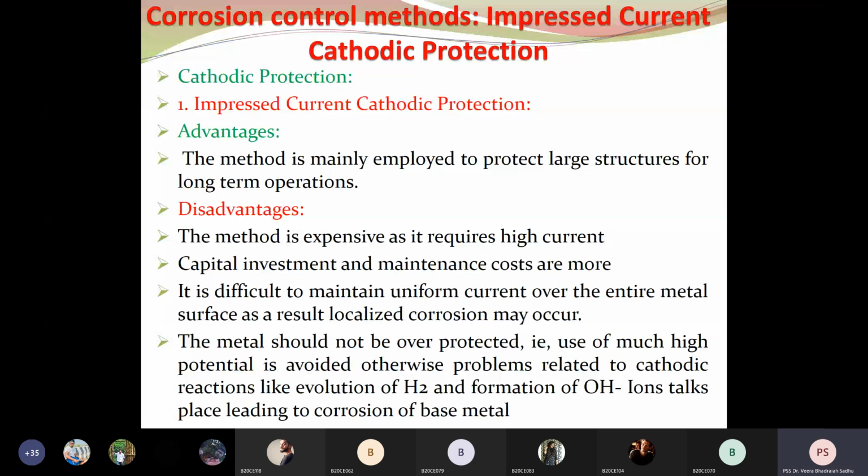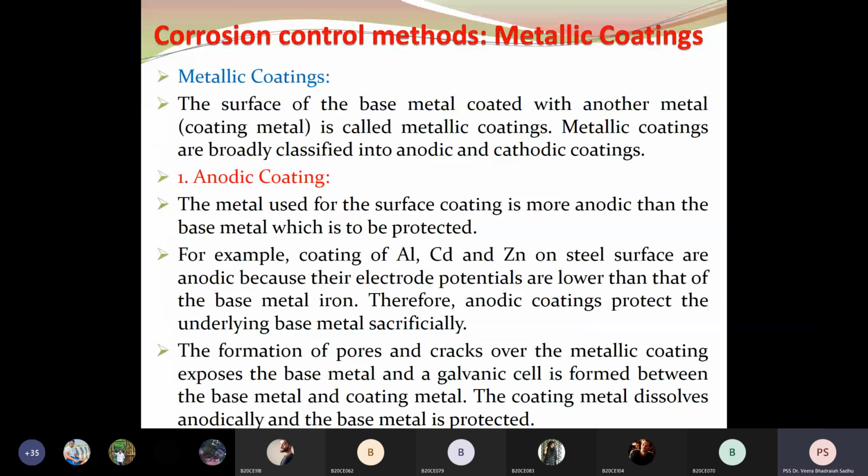So next is coatings, metallic coatings. Why metallic coatings? Because it's very important to protect the metals against corrosion, or to increase the resistance against corrosion.